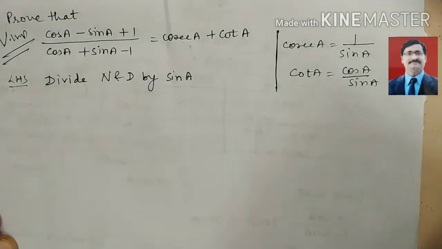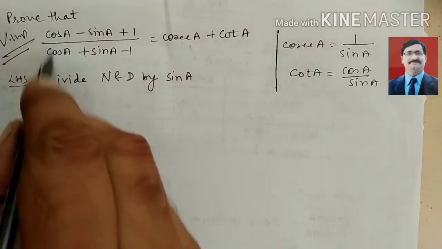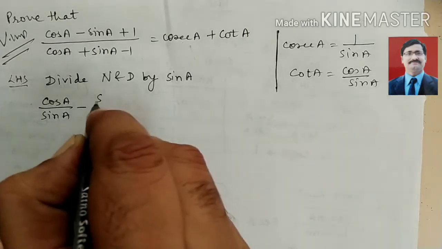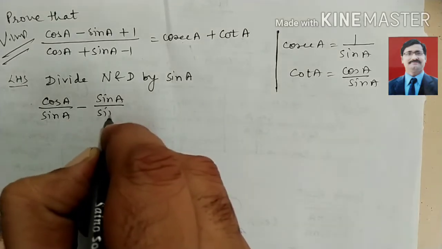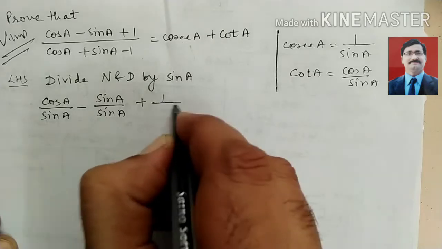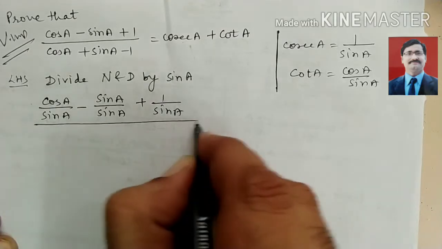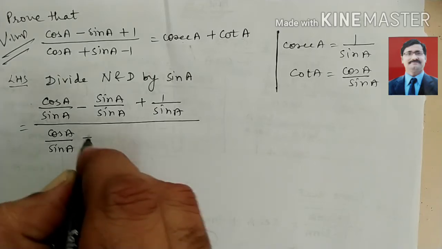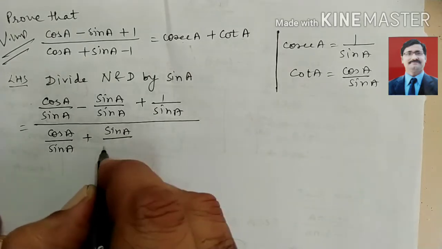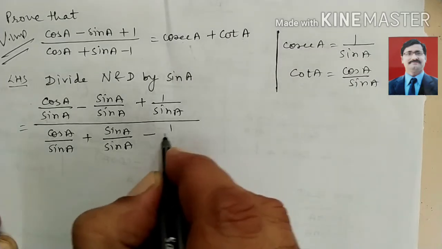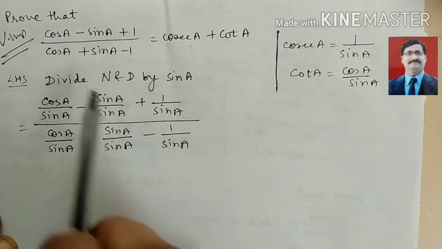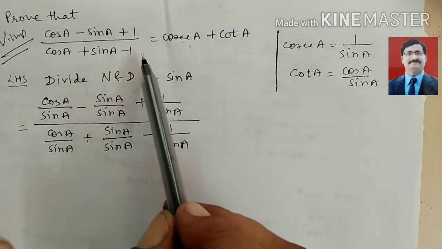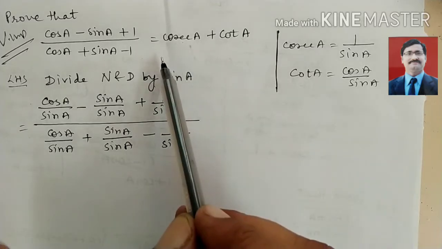So when you divide by sin A, what do we get? Look here, cos A upon sin A minus sin A upon sin A plus 1 upon sin A, whole upon cos A upon sin A plus sin A upon sin A minus 1 upon sin A. Look here, on this left hand side, all the terms in numerator and denominator you divide by sin A. Okay, why do we divide?